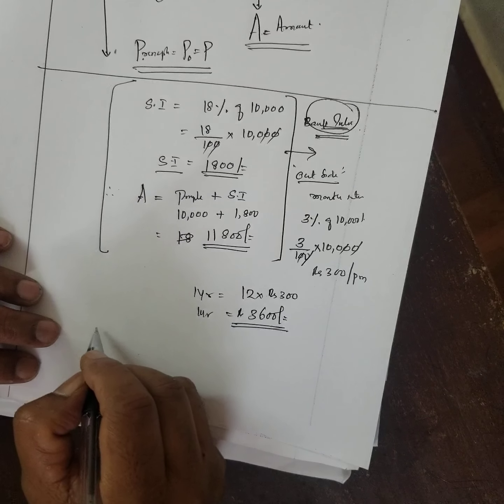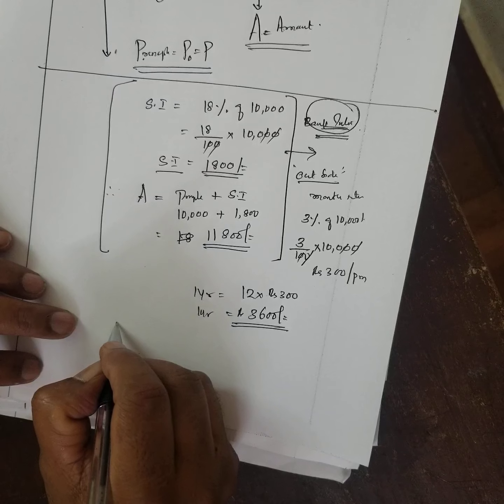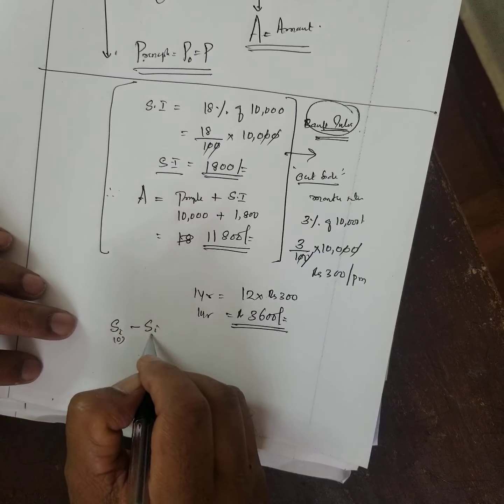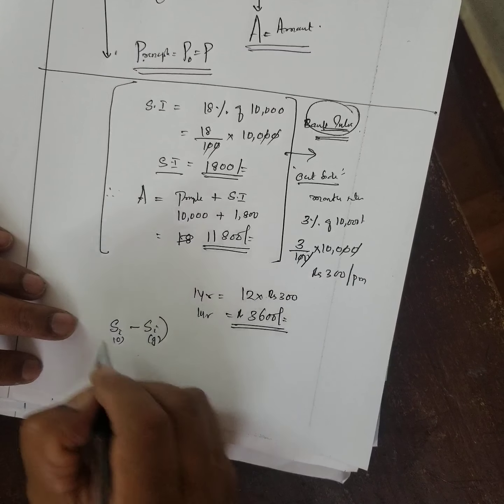Therefore, what is the difference between the simple interest outside and the simple interest from the government? Find the difference.